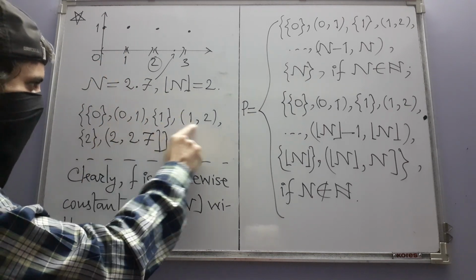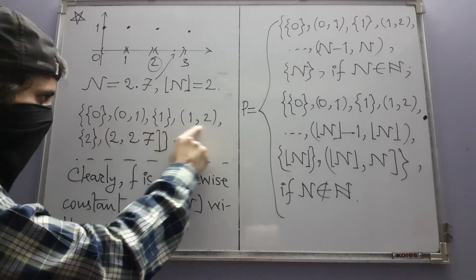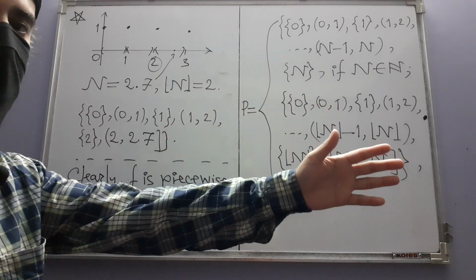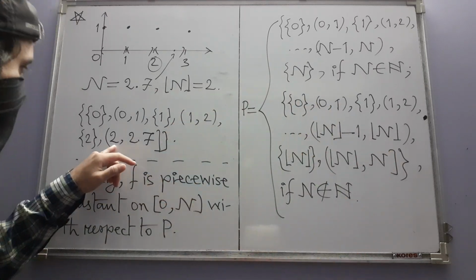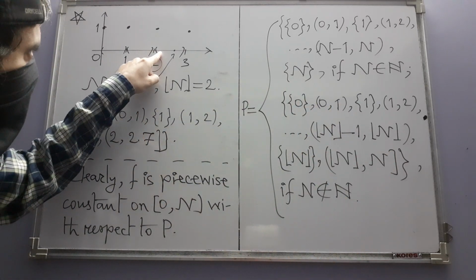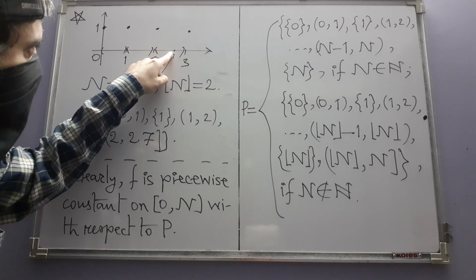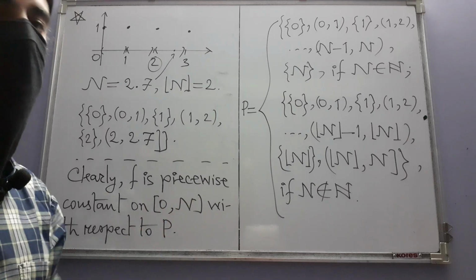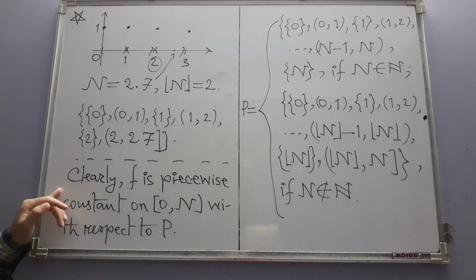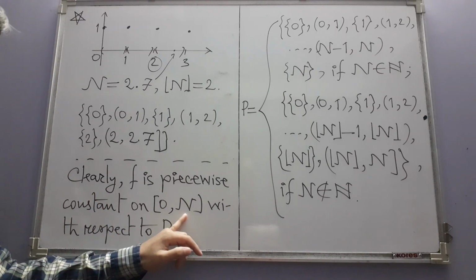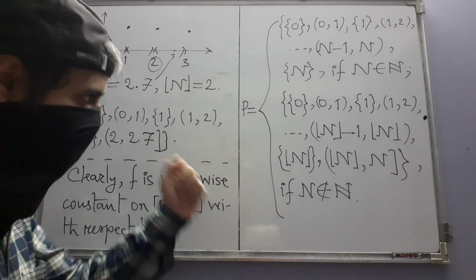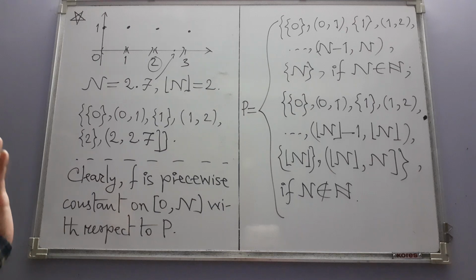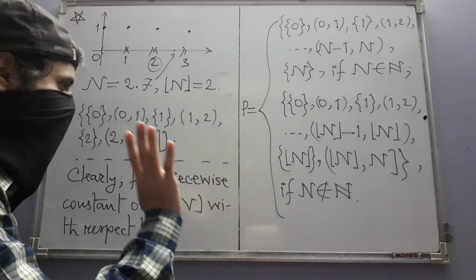And on these non-degenerate intervals, the function is identically 0, so constant. On this part also, greater than 2 and less than or equal to 2.7, it's constant and constantly 0. After all, it's piecewise constant again. So in general, f is piecewise constant on any such interval with respect to this partition. Alright. Now we are going to need this partition. Okay, so let me just keep this part as it is.